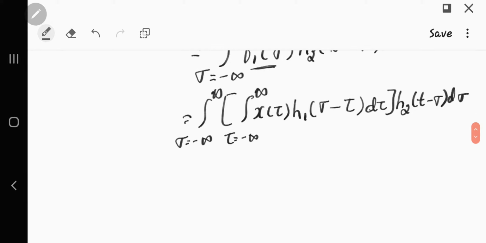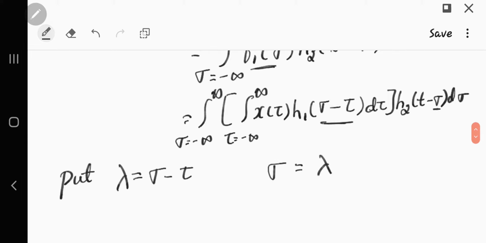Now in this, let's interchange this term with some other variable. Put lambda is equal to sigma minus tau. Then I have sigma here to define. So what happens to sigma?